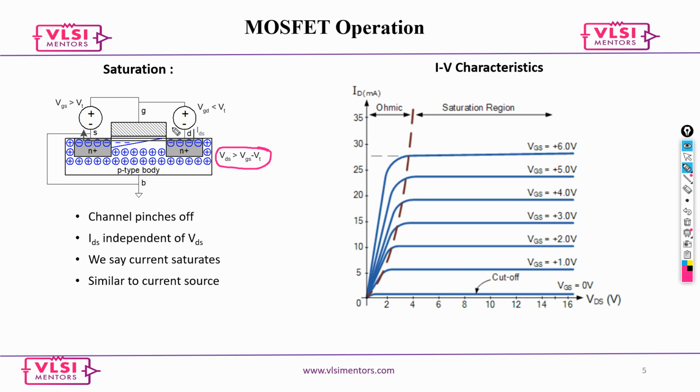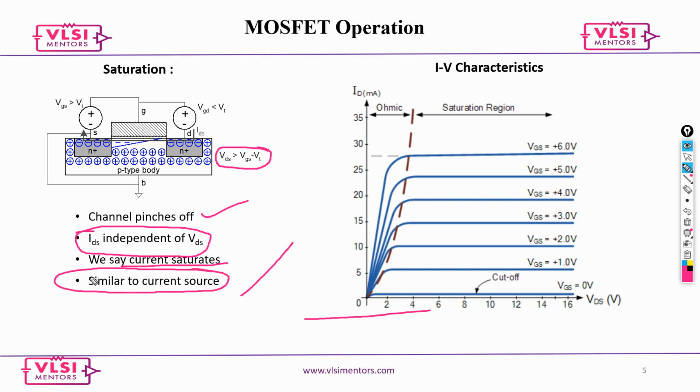The channel pinches off and your current becomes independent of VDS. In linear mode they were both increasing like this, but in saturation, irrespective of whatever it is, your current is constant like this. So you can see the current saturated, and that is what we call a constant current source. Now these are all the three modes of operation that any MOSFET will have.